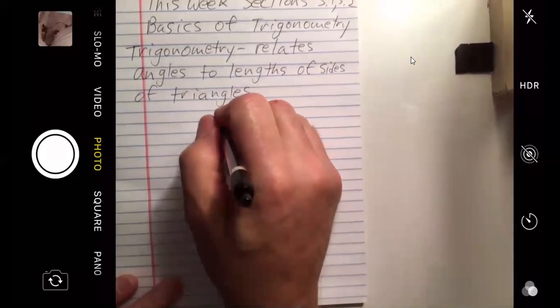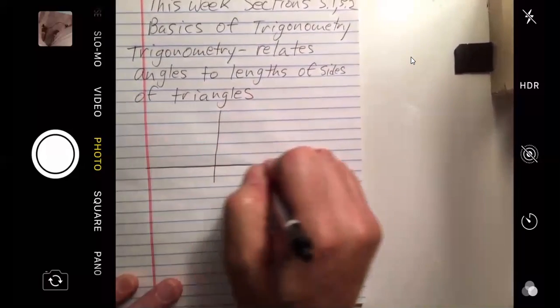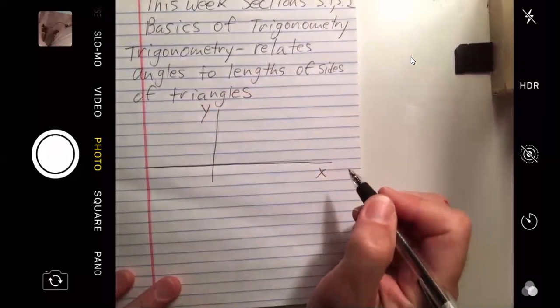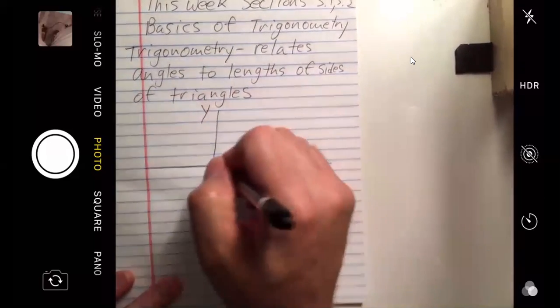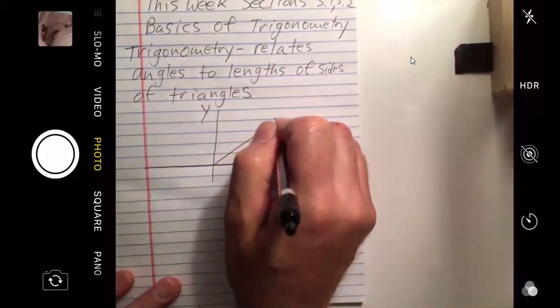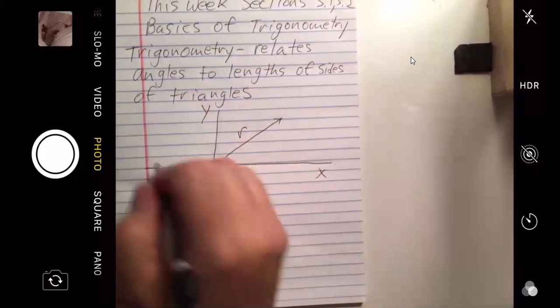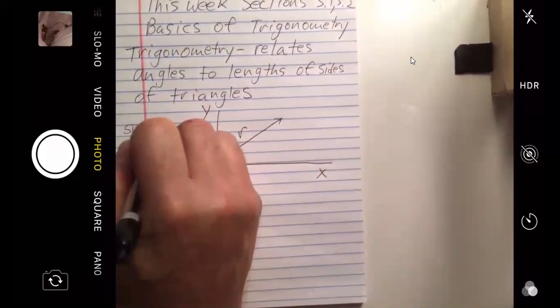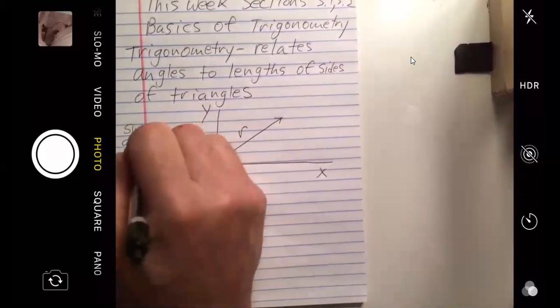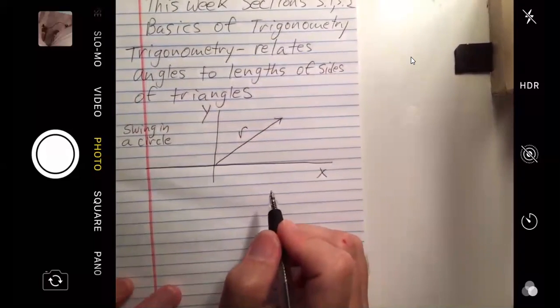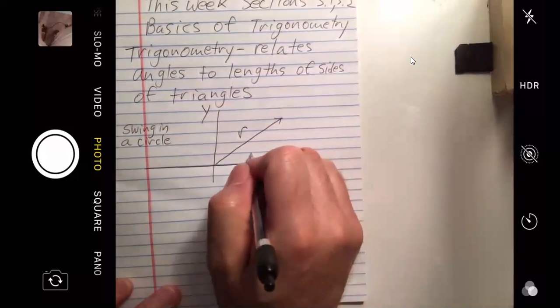It all works off your standard XY axis. If you take a ray, here called the radius, swing it in a circle, at any point you start from here and point up.